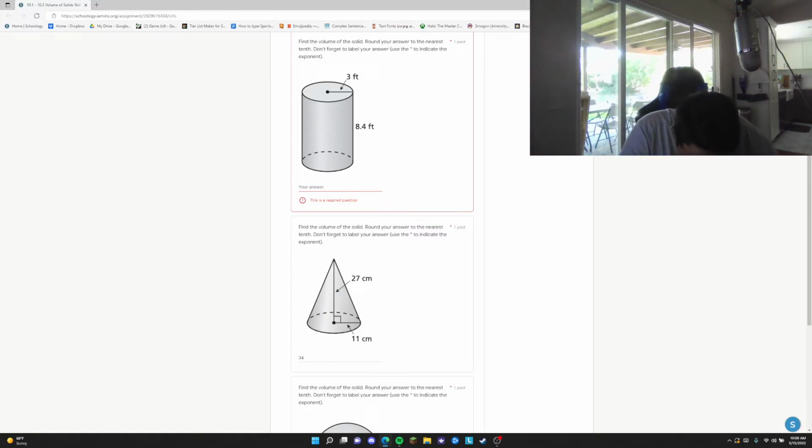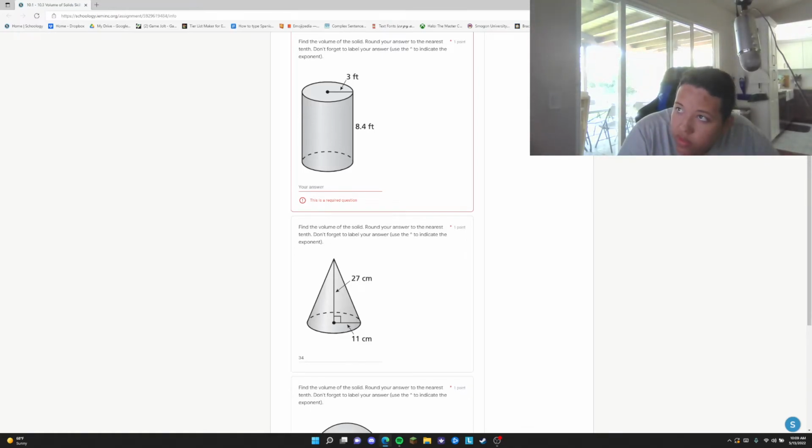Okay, so V or volume equals pi or 3.14. I'm definitely missing a step here. Times radius. I'm definitely missing that fraction. 3, which is the radius, squared. So 3 squared is just 3 times 3, 9. 3.14 times 9 times the height, which is 8.4.